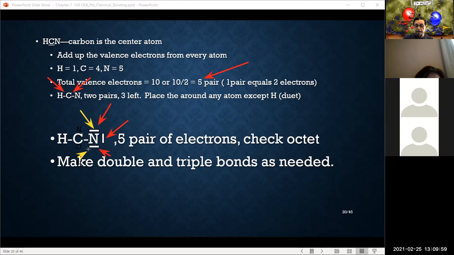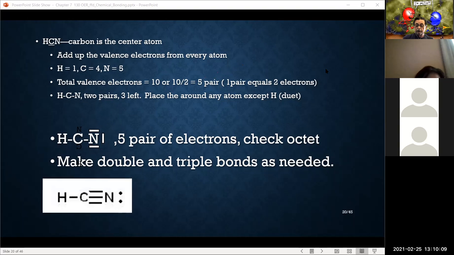So I can also take another pair and make a triple bond. Now everybody's happy. Okay, here it is. And so I come up with the structure. I go back as the last check, your valence electrons, your pairs. Right now we have 5 pair. So I'm still consistent with what I had to begin with.